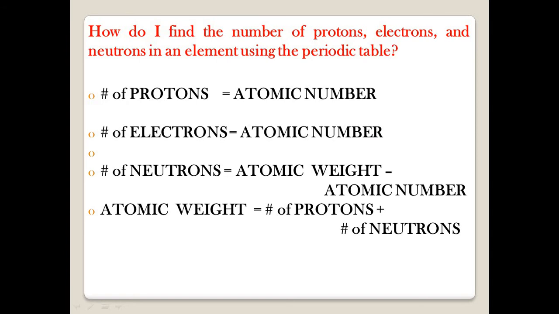So 6 is the atomic number, then electrons or protons must be 6. Number of neutrons is equal to atomic weight minus atomic number. So we can calculate the atomic weight from this: number of protons plus number of neutrons is the atomic weight or atomic mass of that element. Are you getting this?